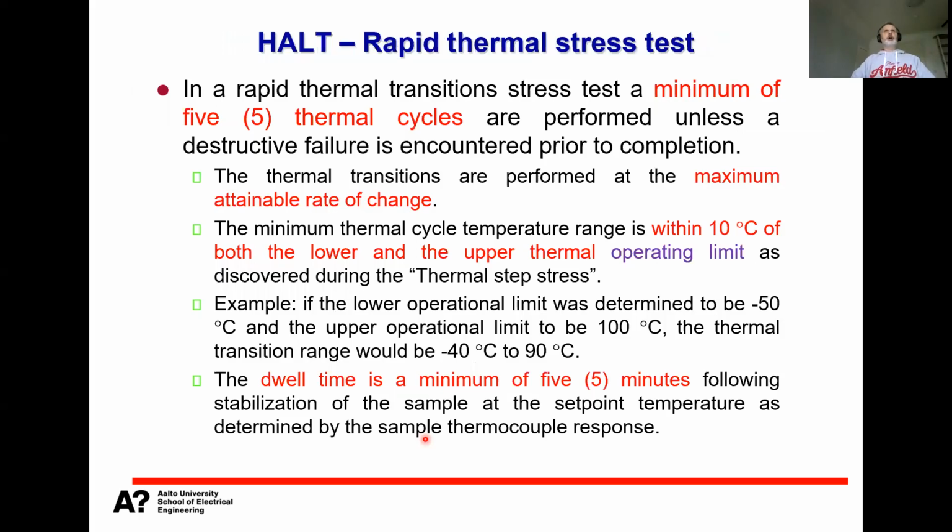In this thermal shock test or rapid thermal stress test, you do a minimum of 5 thermal cycles. And how do you define what is one cycle? First of all, you want to go at the maximum rate of temperature change. This is now kind of critical. You want to go as fast up and as fast down as possible with the temperature.